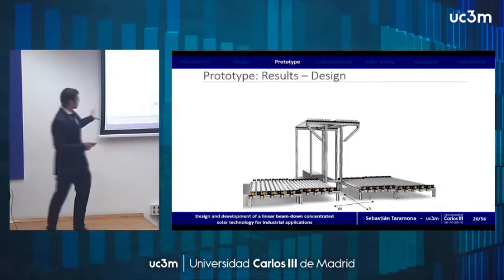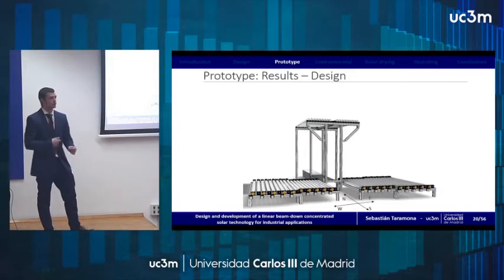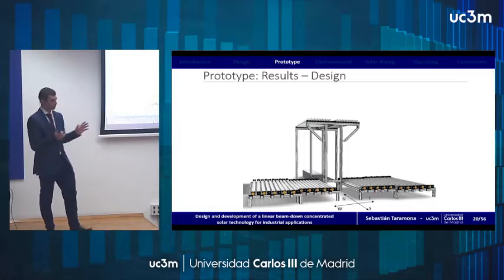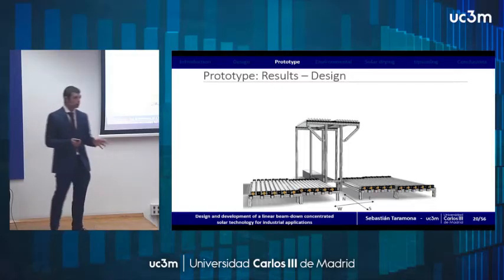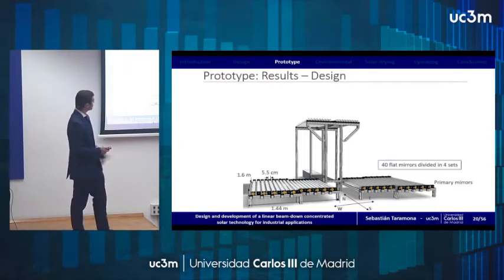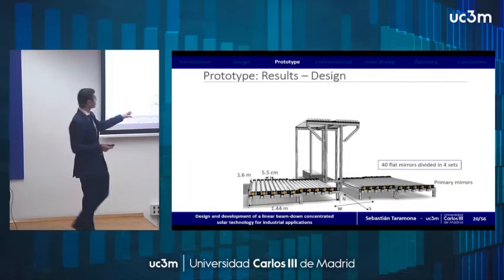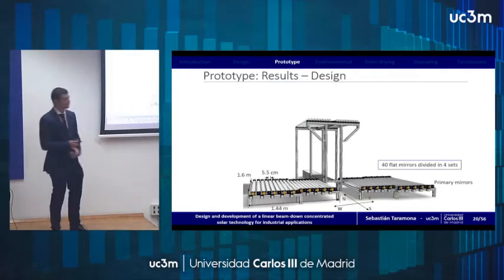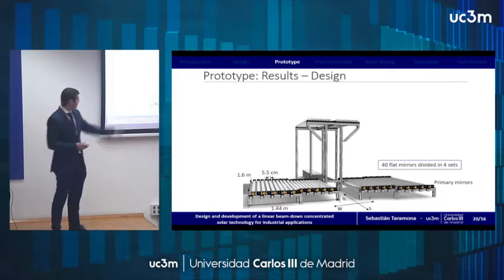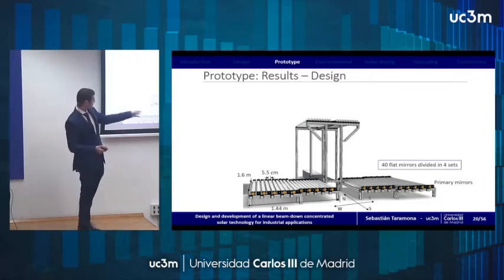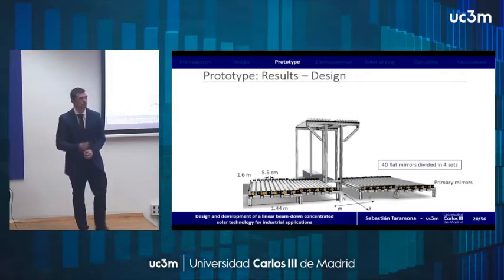So this is basically the sketch of the prototype that we have designed, considering also the best conditions in terms of concentration. Here you can see that we have a primary mirror, divided into 4 different sets of 10 meters each. They are 5.5 centimeters wide. And from one end to another of half of the solar field, they span 1.44 meters.